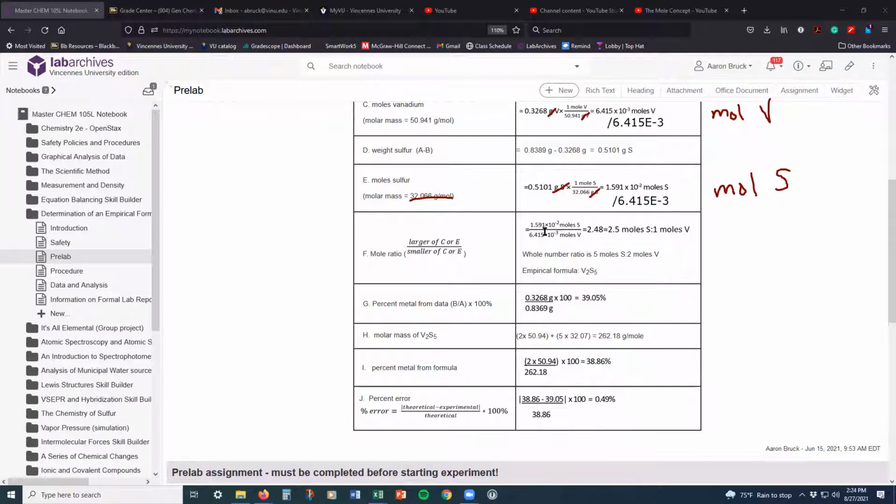And so how it evens out now is I have 1 mole of vanadium, because a number divided by itself is 1. And if I do the calculation, I end up getting 2.48, which we're going to round to 2.5, which means that we have 2.5 moles of sulfur.